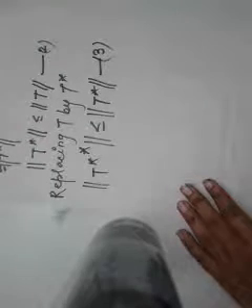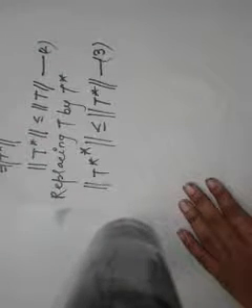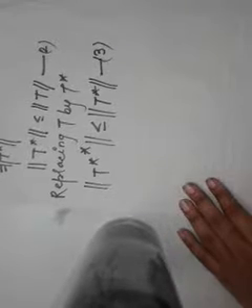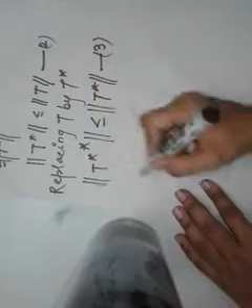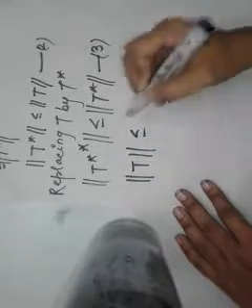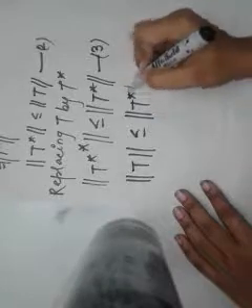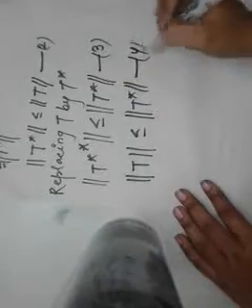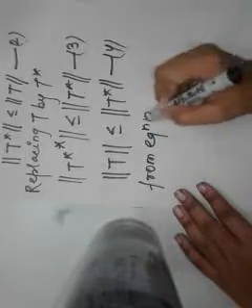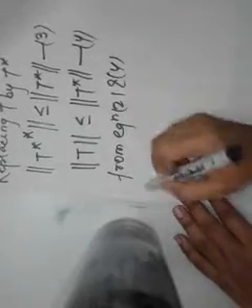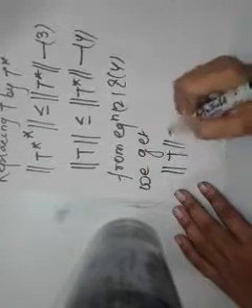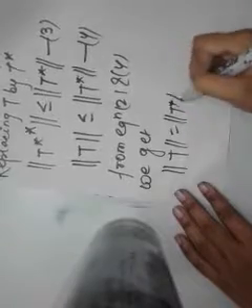Now in my previous video we proved the first 4 properties of adjoint, in that we know that T star star is equal to T, and here we get norm T is lesser or equal to norm T star. That is equation 4, and from equations 2 and 4 we get norm of T is equal to norm of T star.